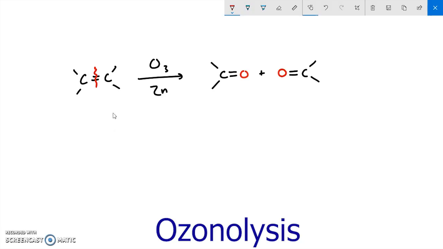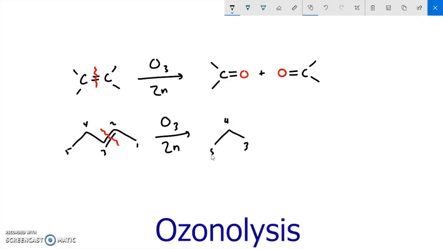For example, if we have pentene, reacted with the ozonolysis reagent, which is ozone and zinc, please take note on the carbon 2 and carbon 3, the pi bond and the sigma bond will be separated, resulting into the following products. This is the third carbon, this is the fourth carbon, this is the fifth carbon.